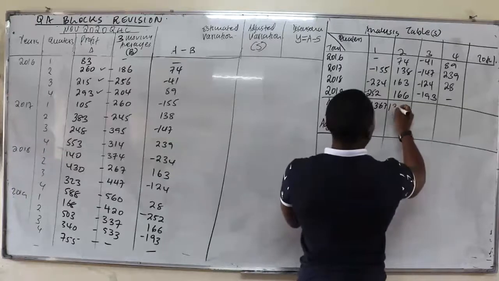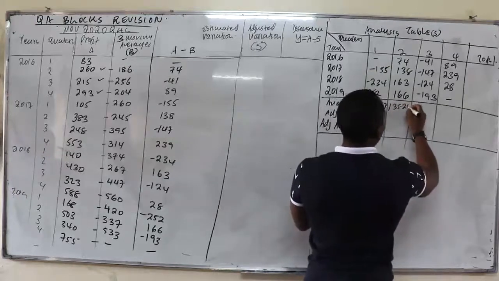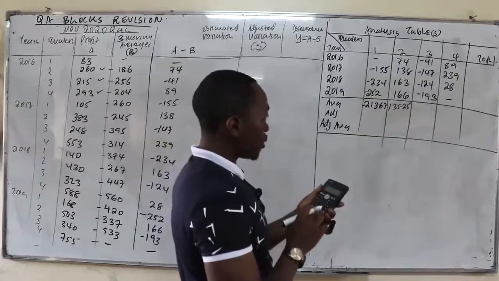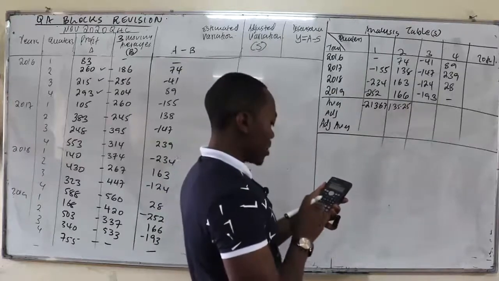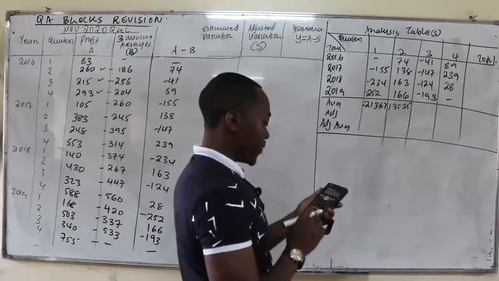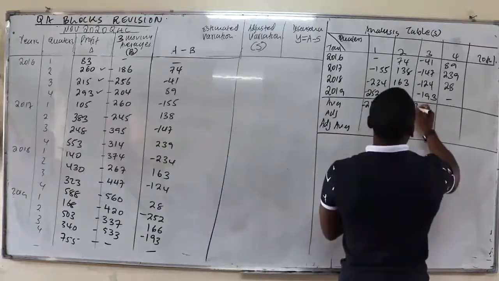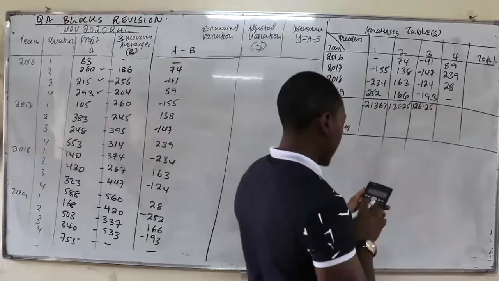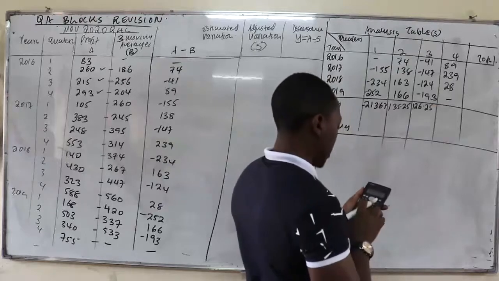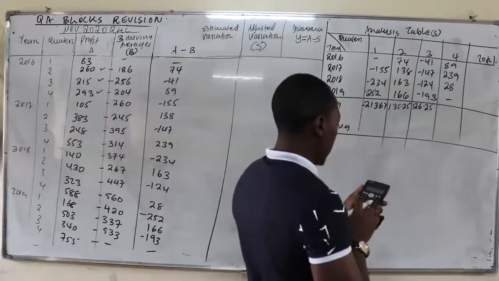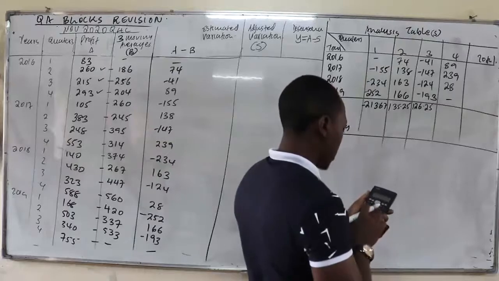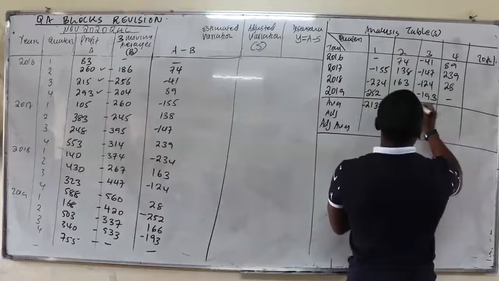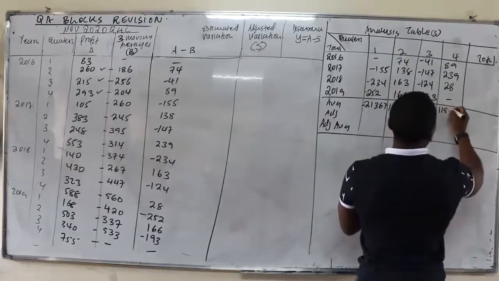We have 135.25. 41, you add 147, you add 124, you add 193, then you divide by 4. You get 126.25. Then 89, you add 239, 28, then you divide by 3. So this is negative 118.67.